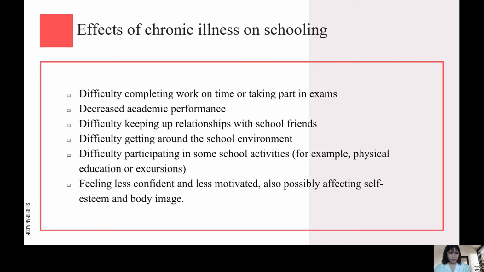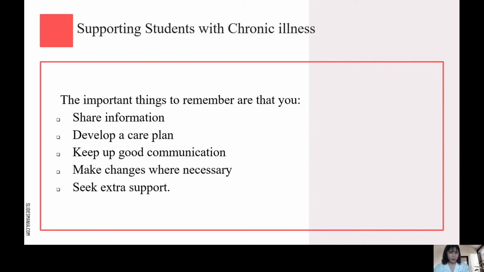Next is supporting students with chronic illness. This is very important, and as a parent or future educator, you need to become observant also. That's what I said a while ago, the important thing to remember is that some students have a difficult situation or experience chronic illness.